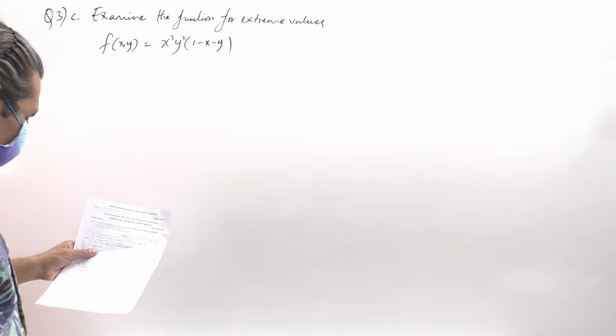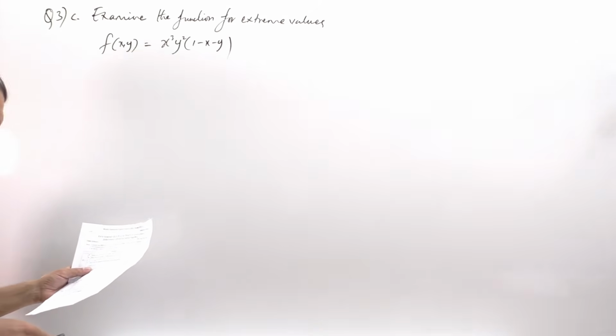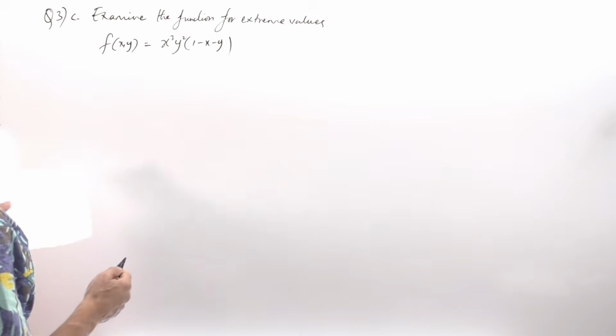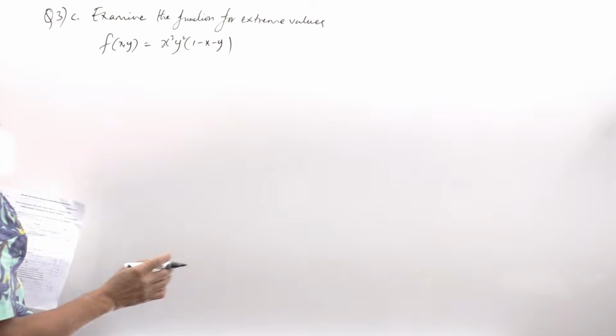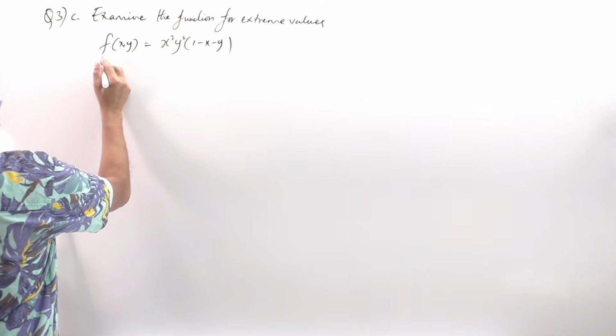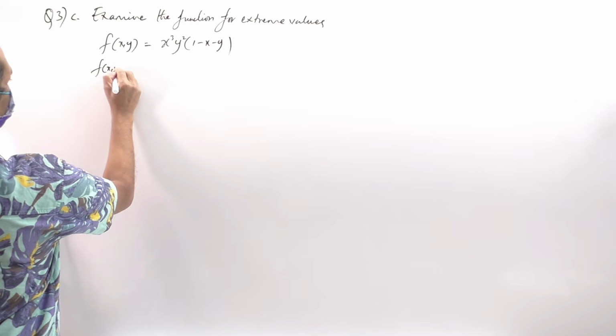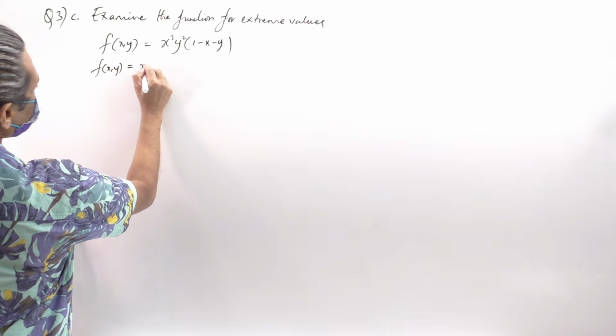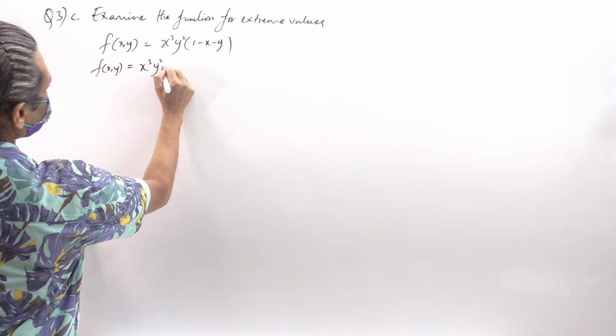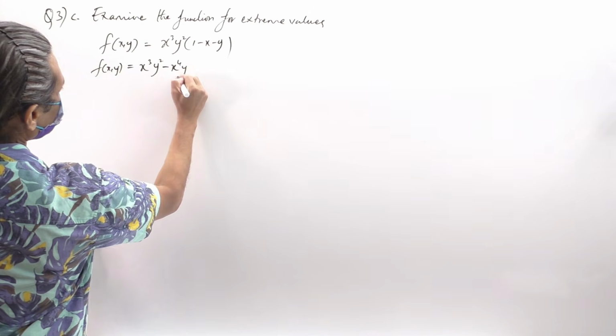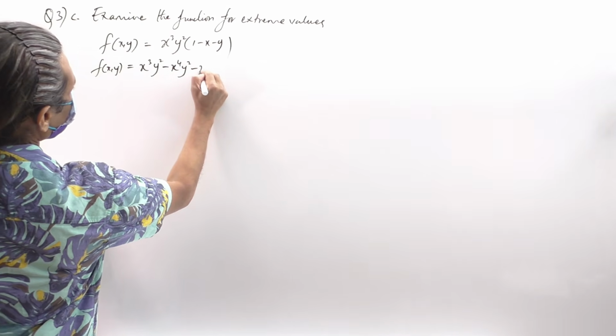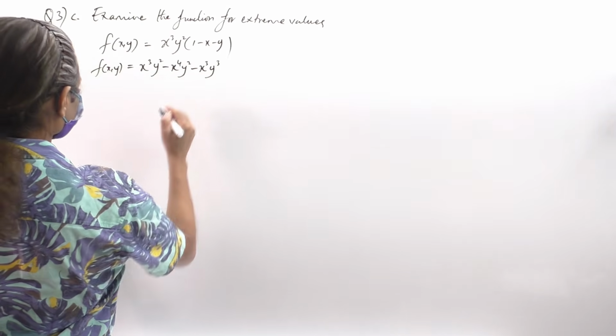Now, examine the function for extreme values, a question on maxima and minima. So first what we do, I will write this as f(x, y) equal to, let's open a bracket, x³y² − x⁴y² − x³y³.